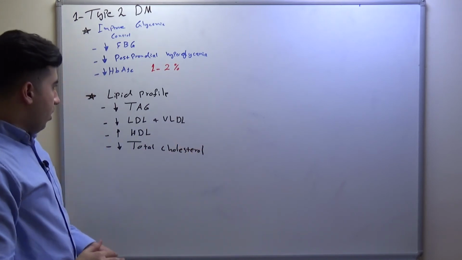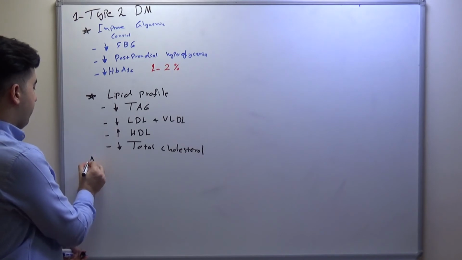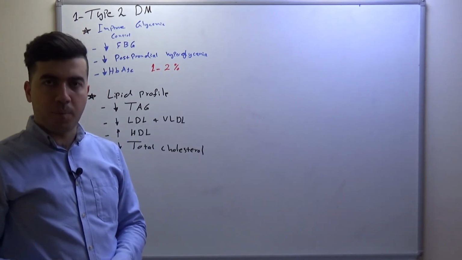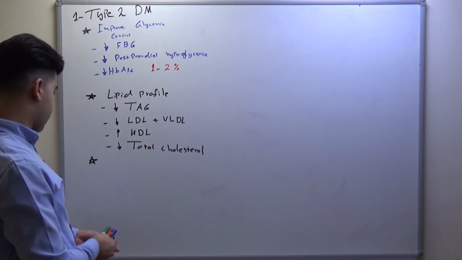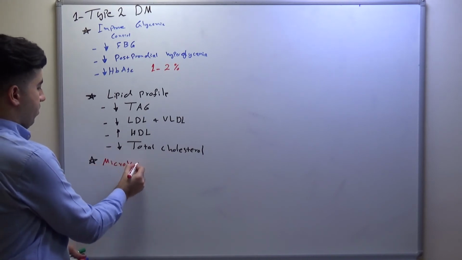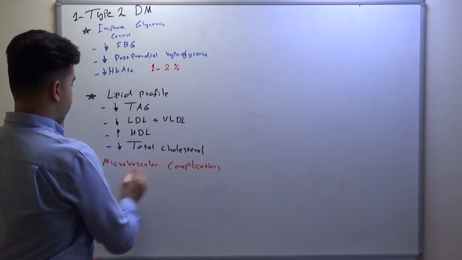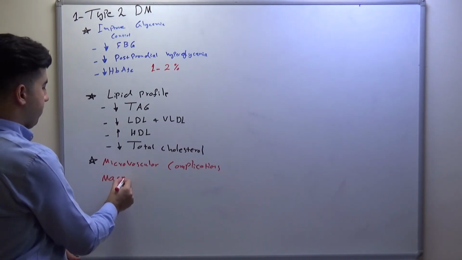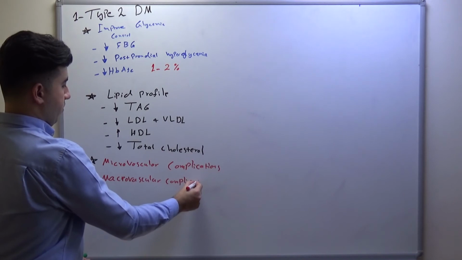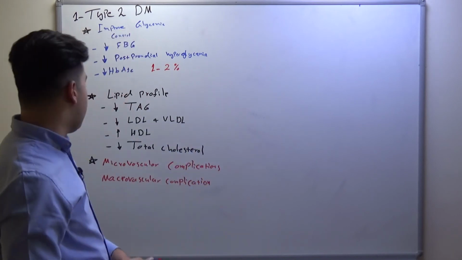Okay. Also, metformin, we can say, improves the outcomes of patients with type 2 diabetes mellitus. Metformin reduces the incidence or severity of the microvascular complications and macrovascular complications. Usually diabetes type 2 will not kill the patient, but the complications of the diabetes will eventually kill the patient.